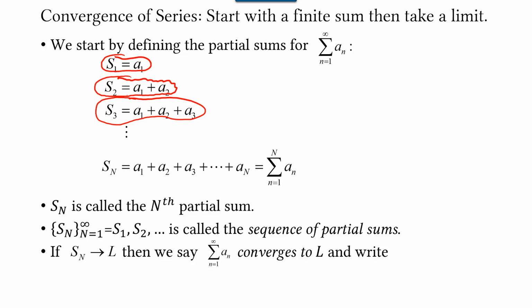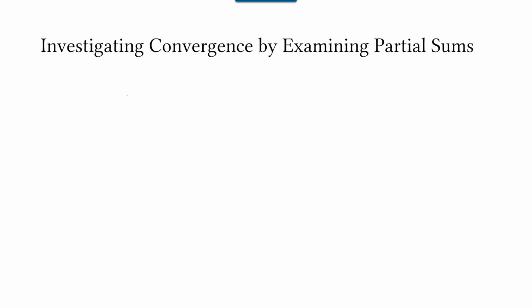So if by adding more and more and more terms together, we start to approach some number capital L, in other words, if the sequence of partial sums approaches capital L, then we say the series converges to L, and we can give it a value. We write the series n equals 1 to infinity of a sub n is equal to L. If the sequence of partial sums does not approach a particular value, then we say the series diverges.